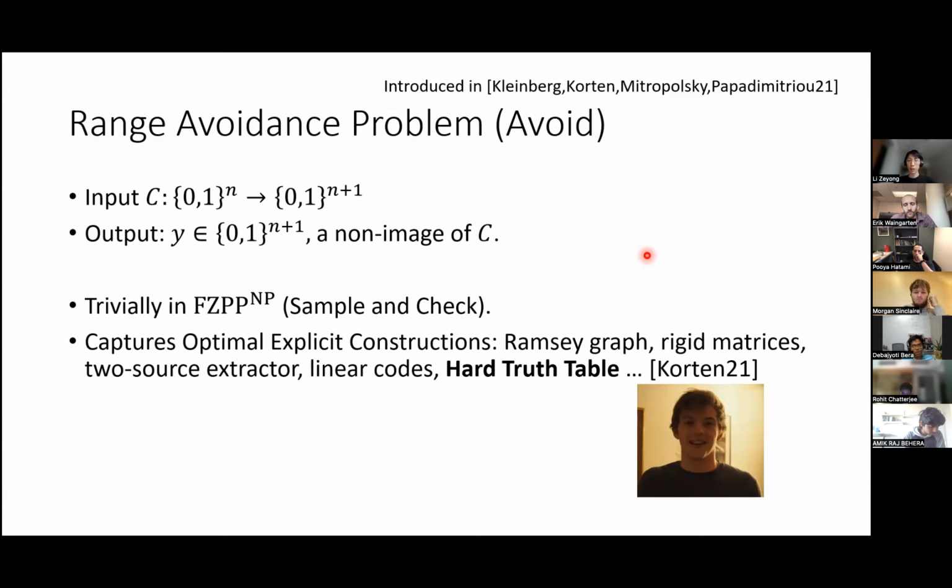Examples include Ramsey graphs, rigid matrices, two-source extractors, and so on. And among them, the one that's particularly relevant for us would be the hard truth table. Let me also remark that this problem has connections to bounded arithmetic, but because of time constraints, I'm not going to elaborate on that part.